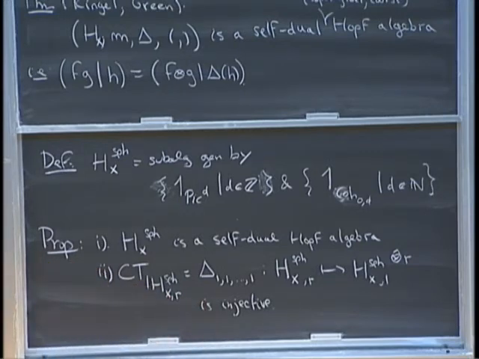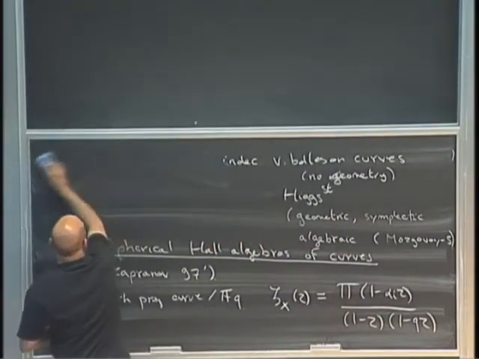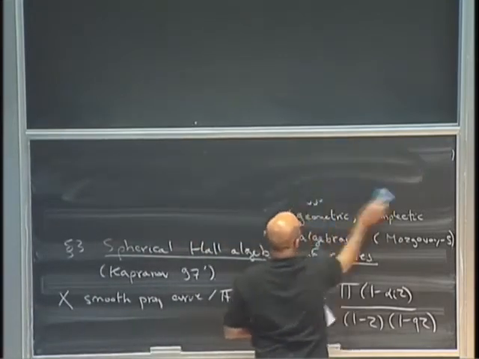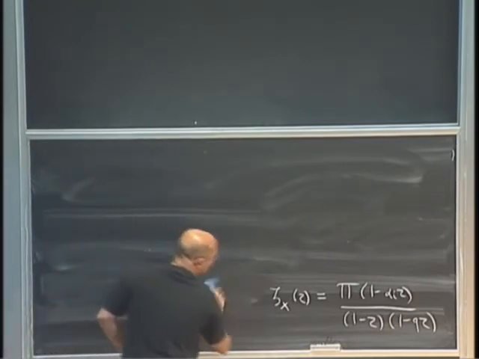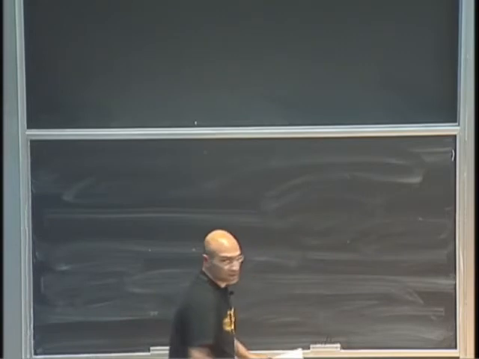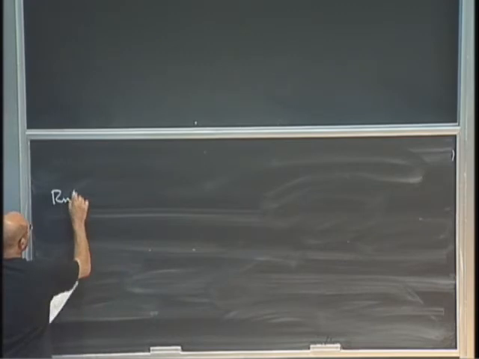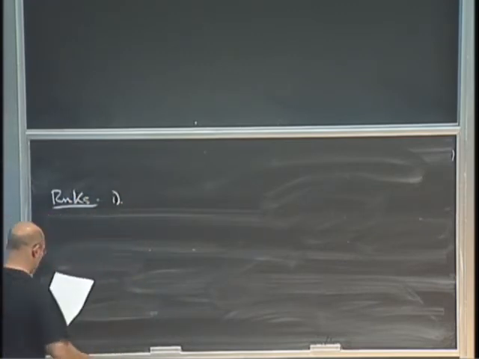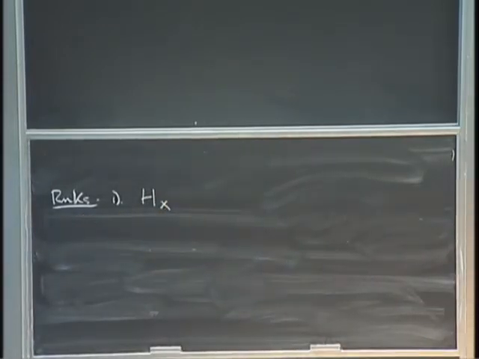I will still make a few remarks concerning interpretation in the language of automorphic forms. So, remarks. First, this whole algebra contains two natural subalgebras. One is the subalgebra corresponding to functions supported only on vector bundles.